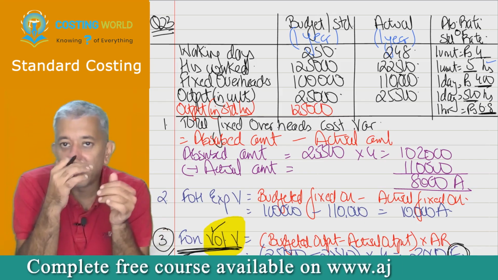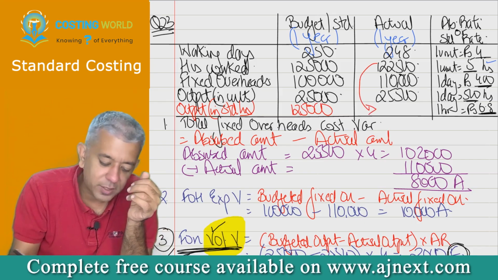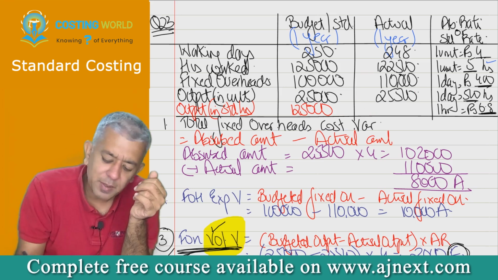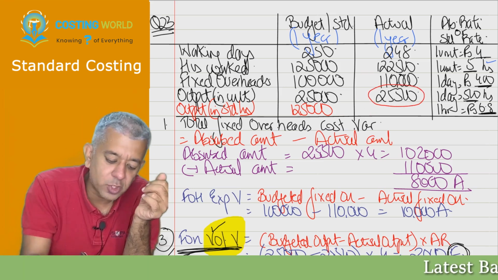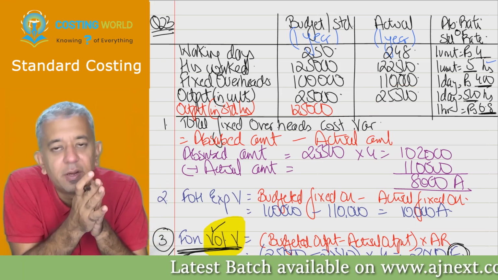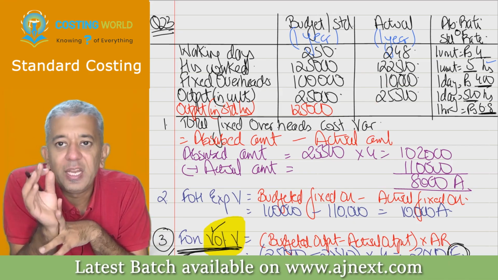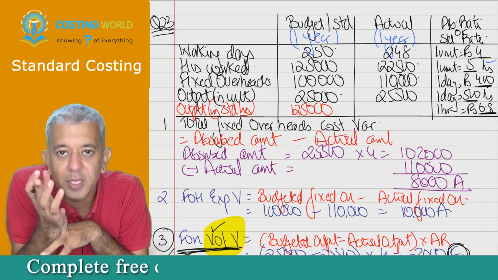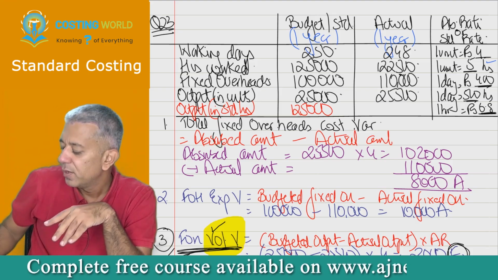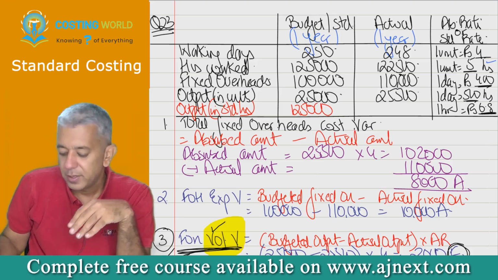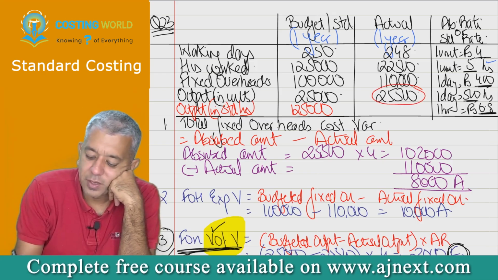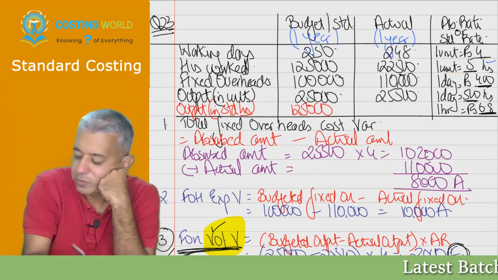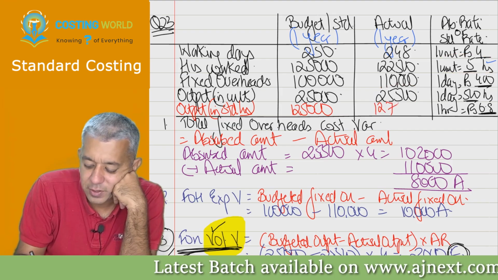Now, further. Obviously, this data will not come over here. Tell me, my workers had actually produced how many units? 25,500. Can we say 25,500 was equal to the job of how many hours? Please take your calculator. 1,27,500. Yes, 25,500 into 5 hours. So 1,27,500.